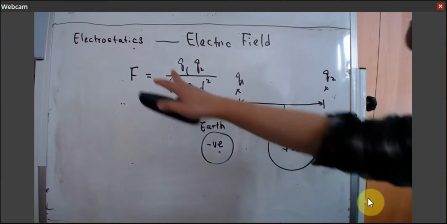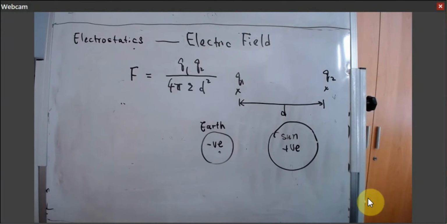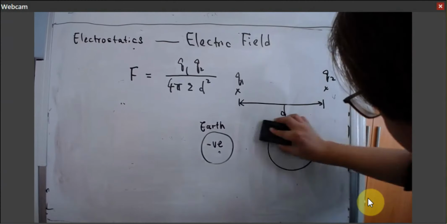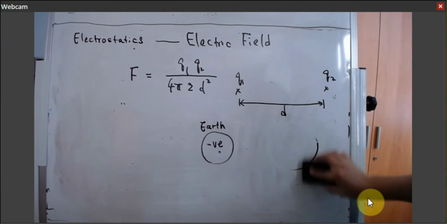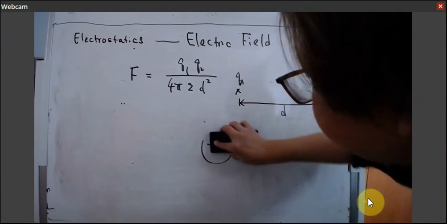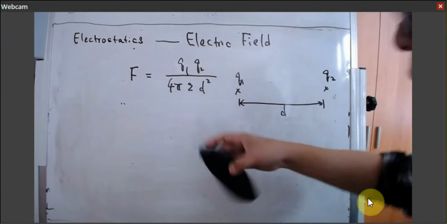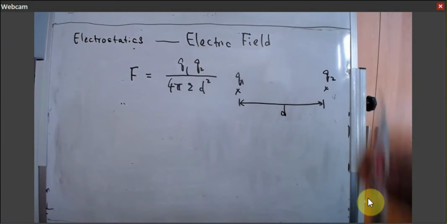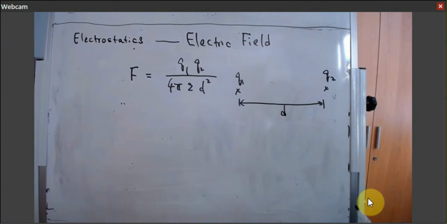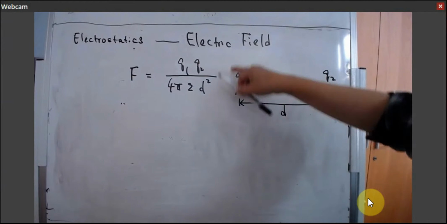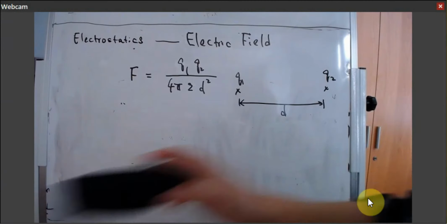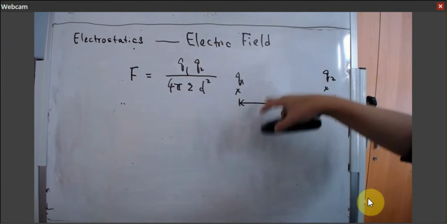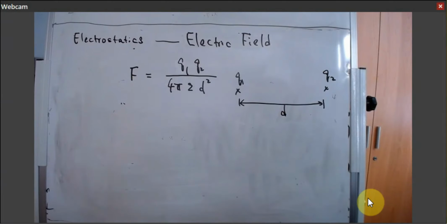Can we take advantage of this formula? The answer is yes. What we can do is, instead of having two charges in a system, we only need one charge for detection.